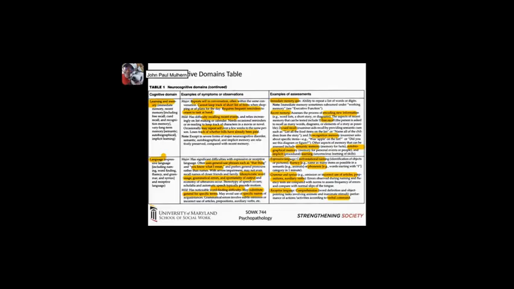So some indications of mild or early language or neurocognitive decline in the domain of language include people may pause more because they're struggling to find the word that they want to use in the context of what they're speaking of. And a lot of times, what you'll notice with folks is they'll use more general terms.